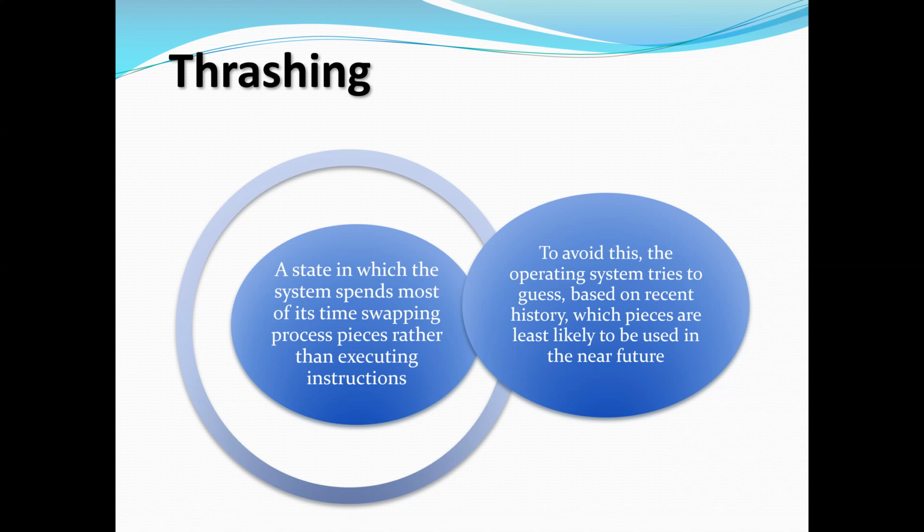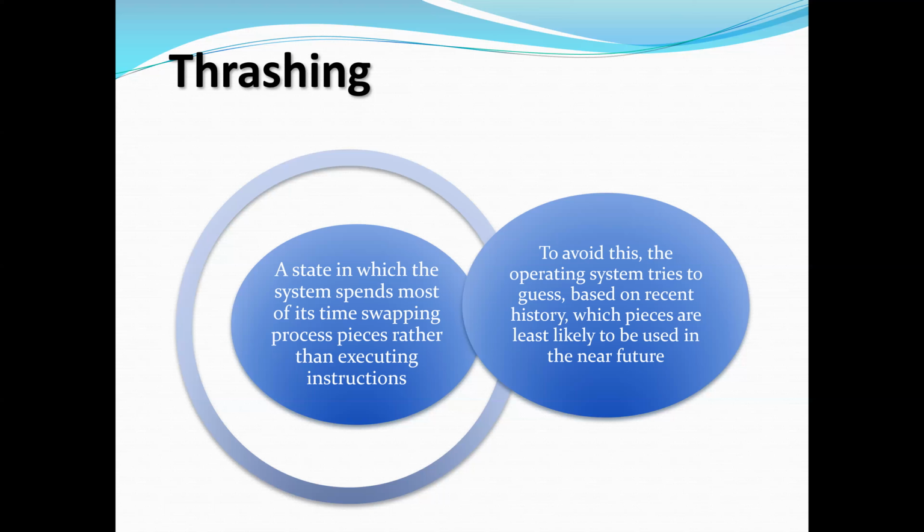An example would be a subroutine, and access to perhaps only one or two arrays of data. Now, if this is so, then it will clearly be wasteful to load in dozens of pieces for that process when only a few pieces will be used before the program is suspended or swapped out.